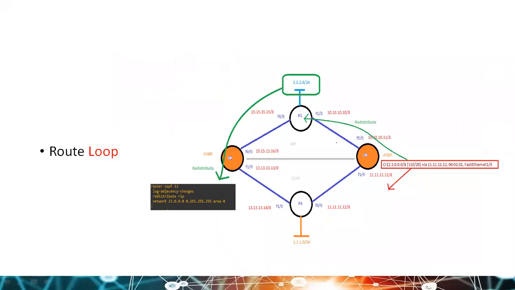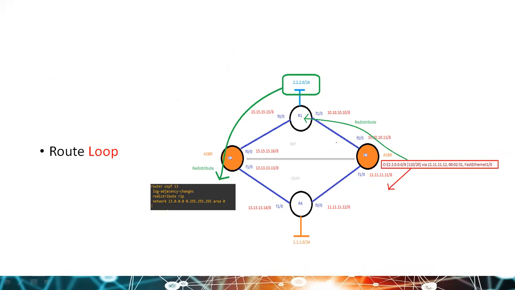So now let me just try to summarize what we have discussed so far. We haven't done much. We have R1, R2, R3 and R4. R1 is part of a RIP network.